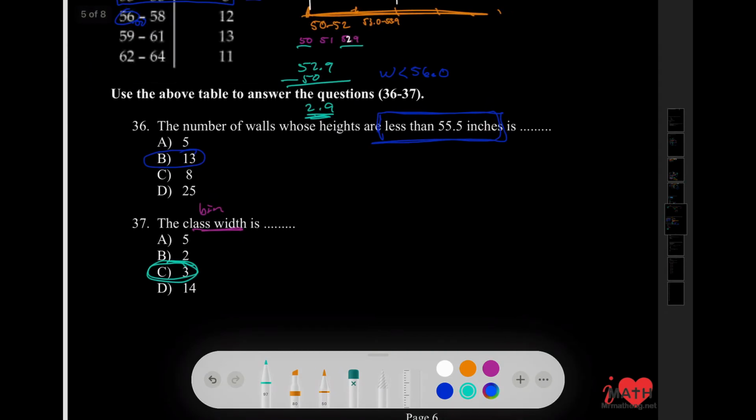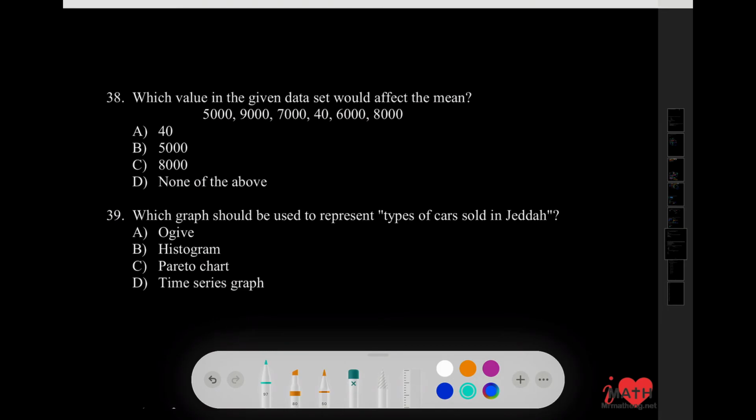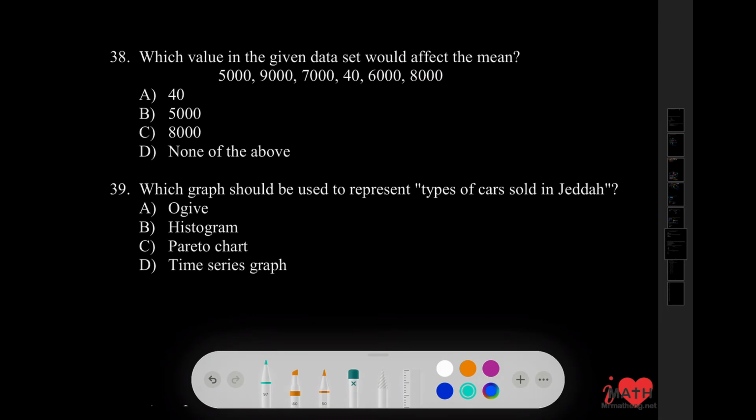All right, let's try question number 38. Which value in the given data set would affect the mean? Remember, the mean is just, simple word here is average, okay? So you can give yourself a quick number line, 0, and just count by thousands. 1K, 2, and I just want you to create a visual, right?